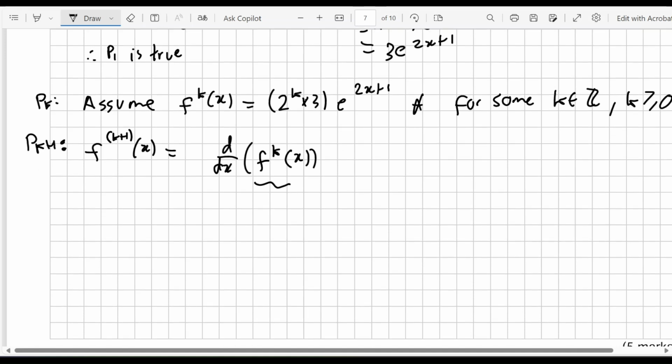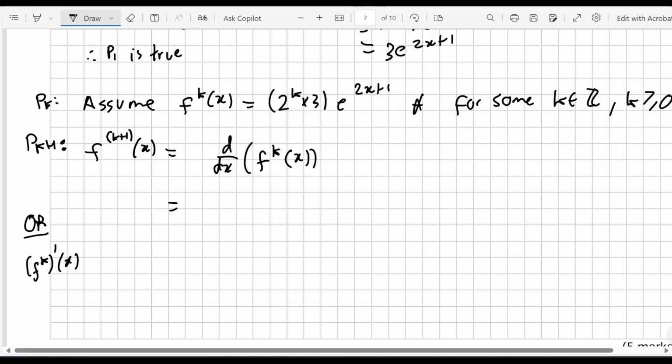So this here is k derivatives, and this is one more, so it's like k plus 1. Anyway, if you do want some alternate notation, you could have fk dash of x, and that would be one more than fk.